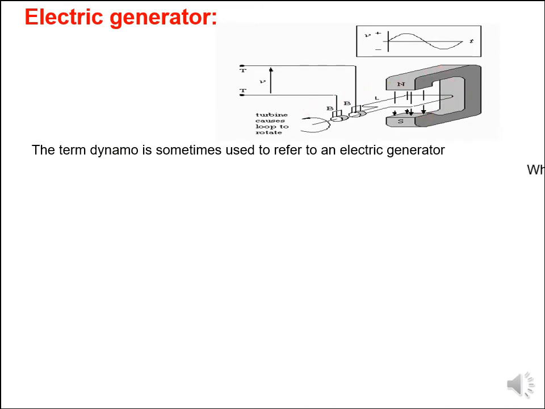So what do I have? It converts mechanical energy. Here we are rotating this coil using mechanical energy. This is a turbine, and the turbine causes the loop, the rectangular coil, to rotate between the poles of the magnet.